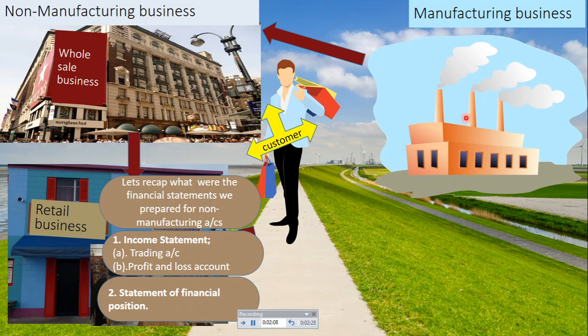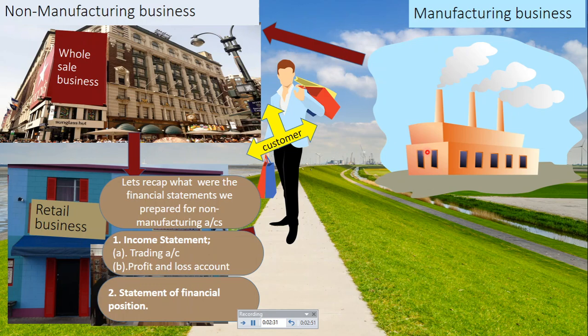Now, for the manufacturing business, it produces goods, and then it also sells it. So the manufacturing business has to prepare the same financial statements prepared by the non-manufacturing business.